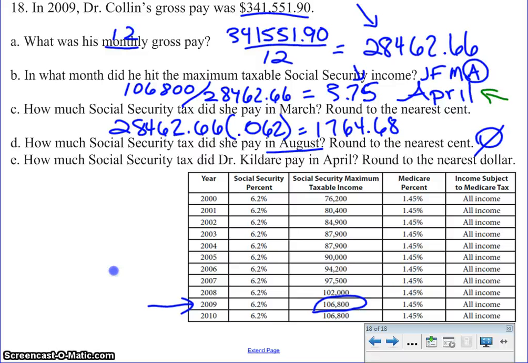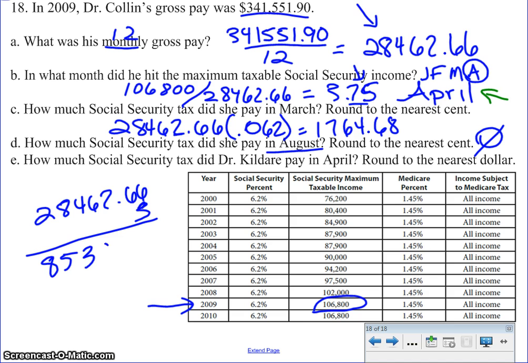Now the last question is probably the hardest of all of these, but it's still not too difficult. It says, how much Social Security tax did Dr. Kildare pay in April? So in April, it was only a portion of it, because remember it was the 0.75, so we've got to find out what that is. So if we calculate $28,462.66 and multiply that by 3, we find that that total would be $85,387.98.